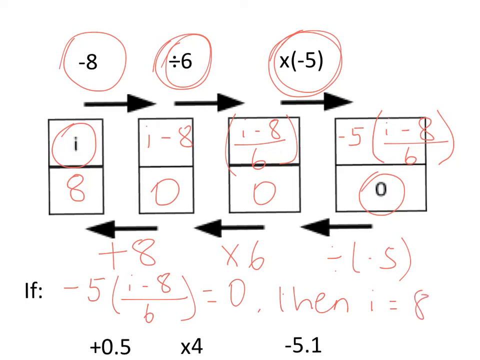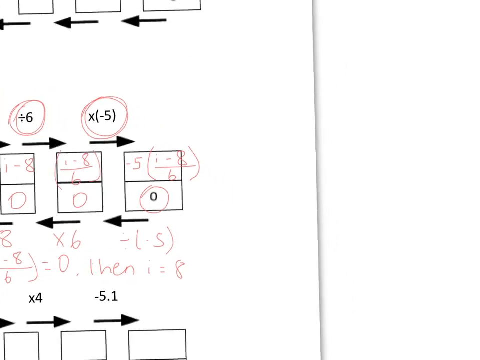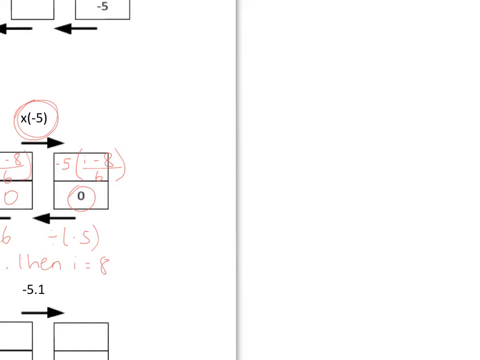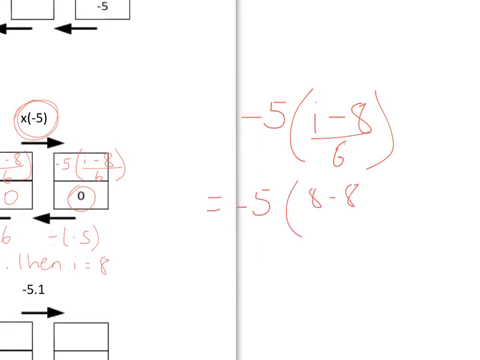Alright, let's check it. Let's move over here and we will check our sum. So negative 5 times (I minus 8) over 6. We want it to equal 8, so we need to plug 8 in where I is. So it equals negative 5 times (8 minus 8) over 6. We need to do what's in the brackets first, and then the division.